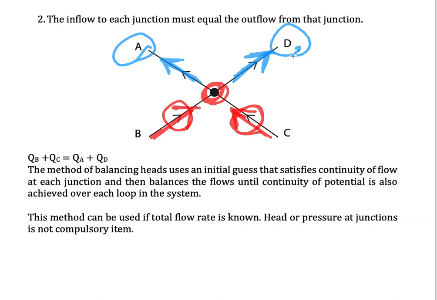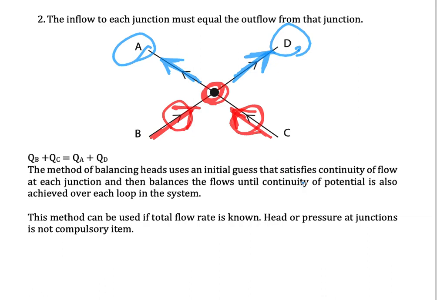The method of balancing head uses an initial guess that satisfies continuity of flow at each junction and then balances the flow until continuity of potential is also achieved over each loop in the system. This method can be used if the total flow rate is known. Head and pressure at junctions are not compulsory items. So the idea is very simple.